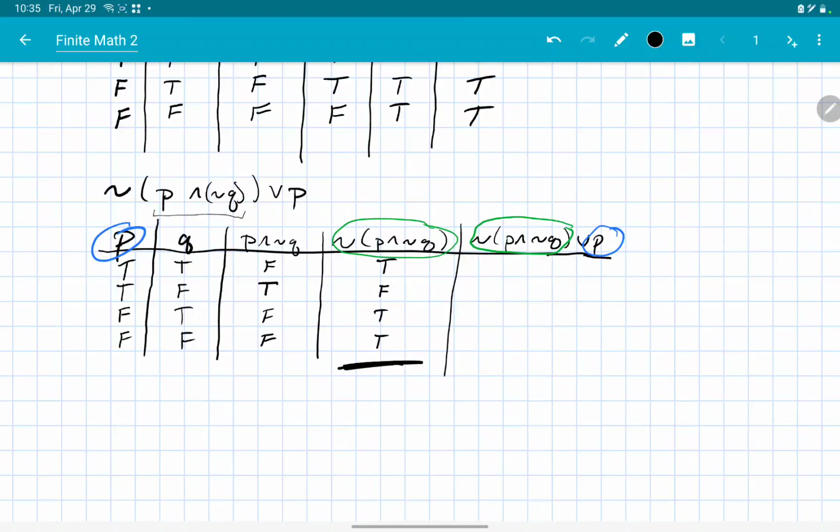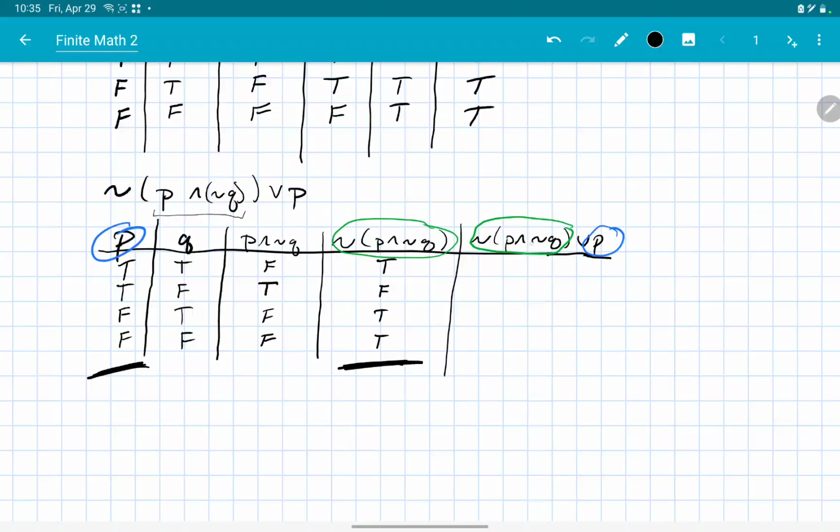So I'm only looking at these last two underlined columns to figure out what goes in my last column. I need either the green column to be true, or the blue column to be true, or both columns to be true. That's what I'm looking for.